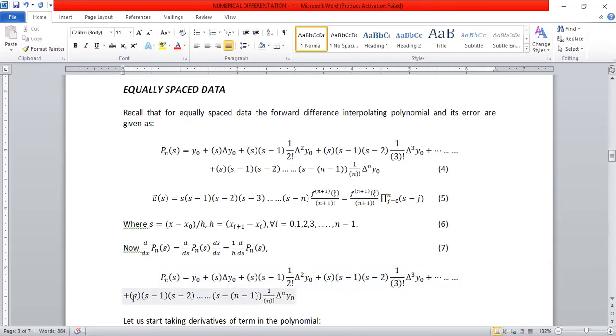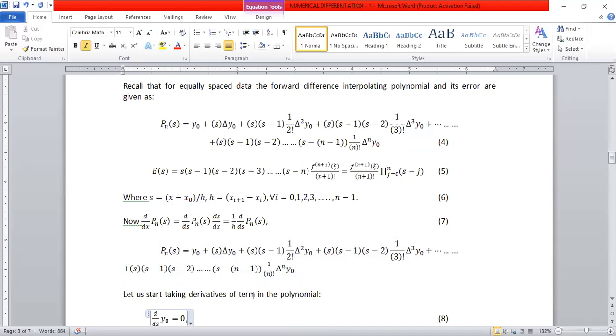So the nth term contains s, s minus 1, s minus 2, up to s minus n plus 1, divided by n factorial. See that the factorial and the order of difference stop one short of the index in s minus the index. That is how this last term is written.